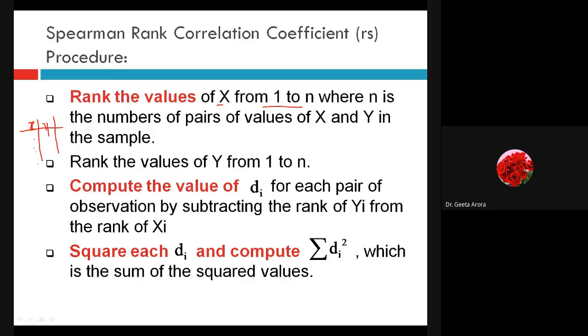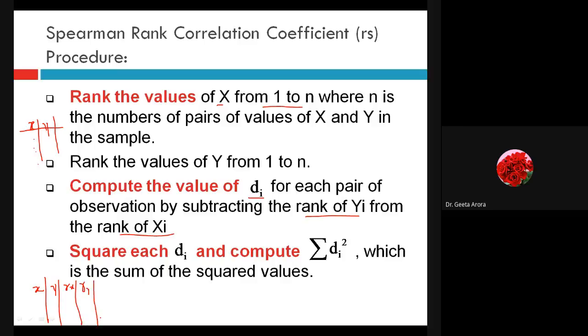And then we have to calculate the difference. For each pair of observations, we subtract the rank of y_i from the rank of x_i, meaning we need to maintain a column of ranks. We have been provided with the data of x and the data of y. We calculate the rank of x and the rank of y.